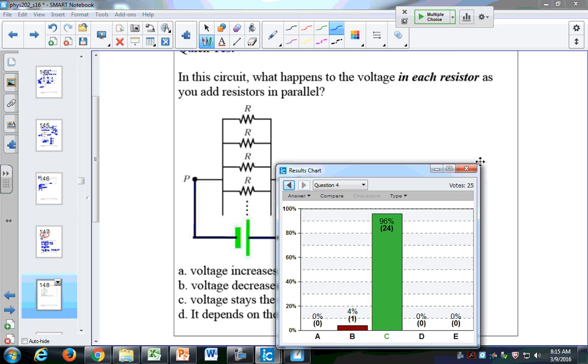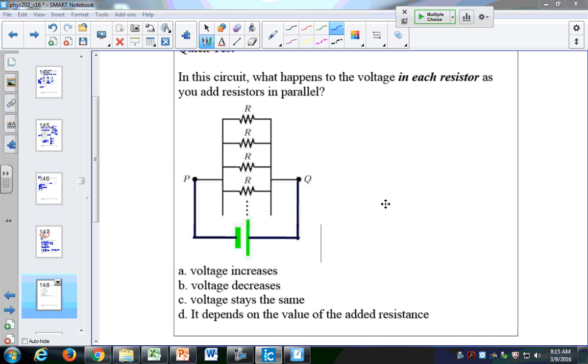C is the right answer. The voltage will stay the same because those resistors are completely independent of one another. So if I have 10 volts here, I'll have 10 volts here, 10 volts here, 10 volts here. As many resistors as I want to add, I'll still have that same voltage.